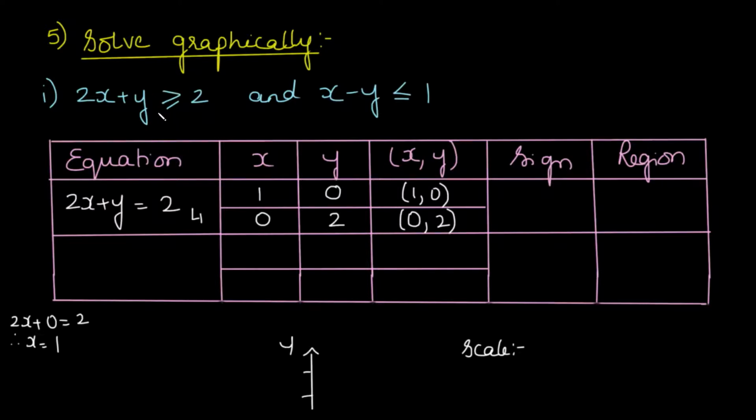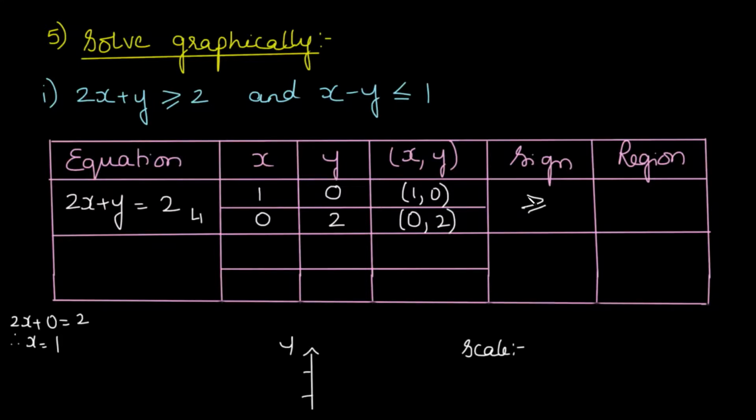This becomes very important. If you want to find the region, you are going to consider this sign from now onwards. You are not going to do test points or anything, like previously when we had done test points to find which side the solution set lies, because that was just the basics. But now you must observe that whenever the sign is greater than or equal to, the solution set is going to lie on the non-origin side of the line.